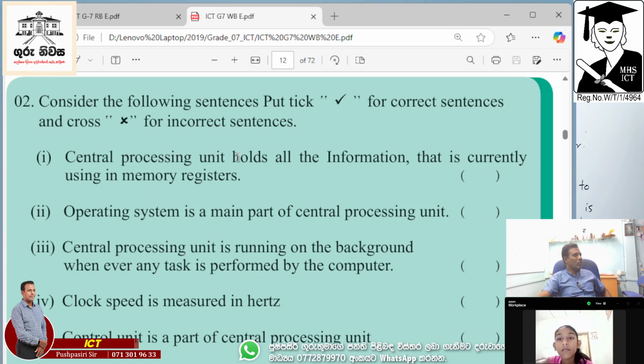Central processing unit holds all information that is currently in use in the memory register. Is it correct? Yes. Correct. See, central processing unit holds all the information that is currently in use in the memory register.